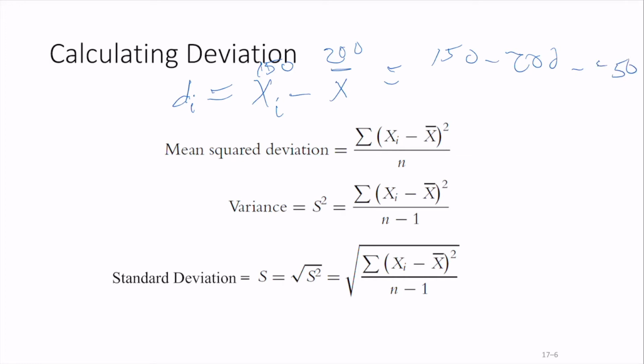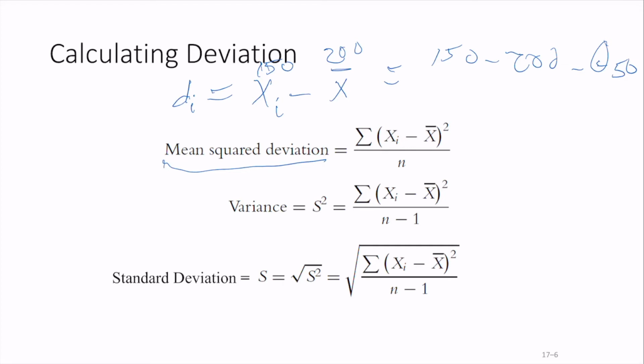And I have a shaky hand because this screen is standing straight up. So just forgive me for the penmanship, but you get the idea. Now next we have the mean squared deviation. Really, the mean squared deviation takes away the problem of having positives and negatives offsetting each other. And the formula, as you see, is the sum of the value of whatever variable you're measuring, minus the sample mean, which is x bar, squared, divided by the number of variables you have.